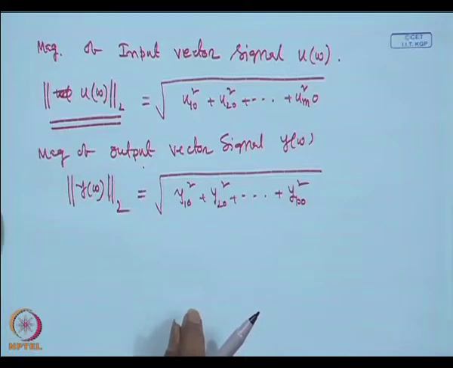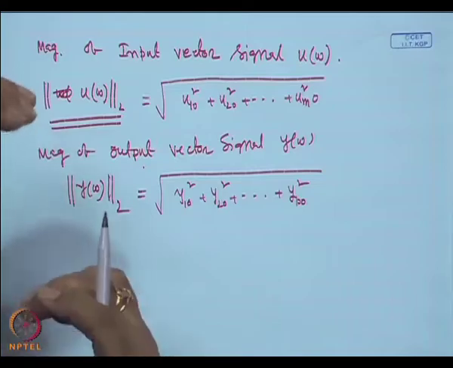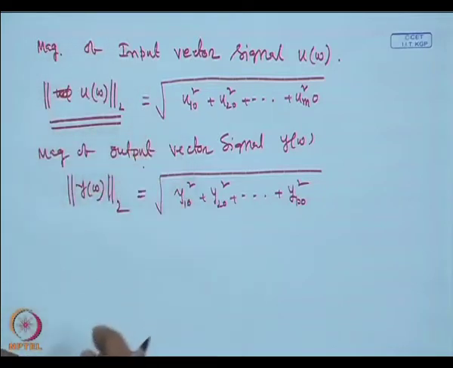Agree? So what is the gain? You have applied an input vector of m inputs to a system and got an output vector of p outputs. What is the gain of the system? The ratio of output to input is the gain.